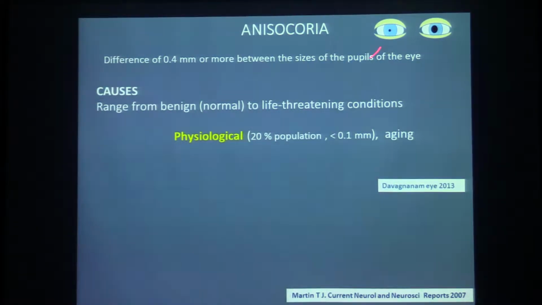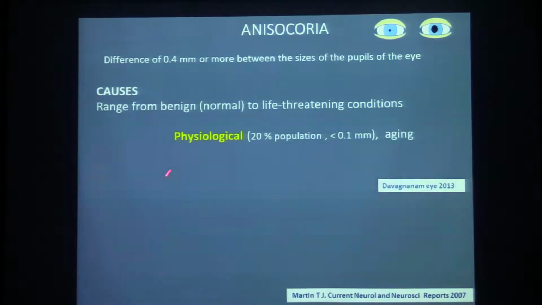And generally, Horner syndrome is unilateral, and so you are going to have an anisocoria, which is an asymmetry of the two pupils. The difference is more than 0.4 millimeters.